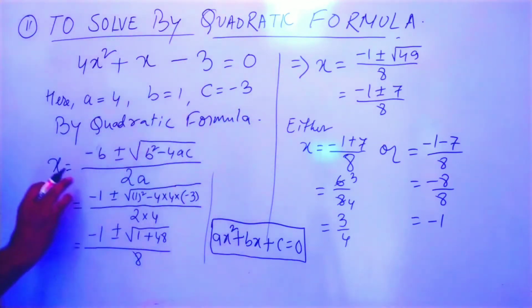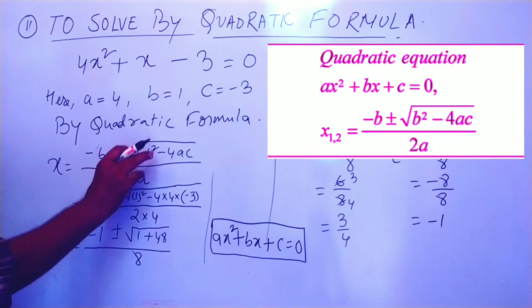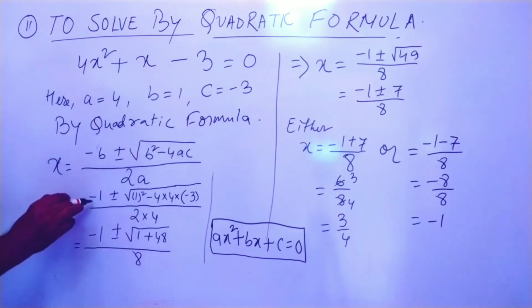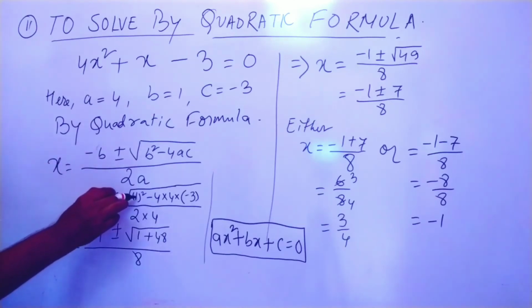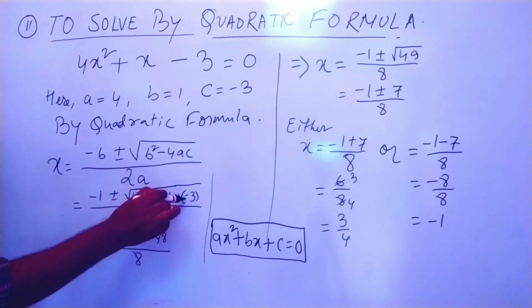By the quadratic formula we have x equal to minus b plus minus root over b square minus 4ac by 2a. We put the value of b as 1, plus minus root over 1 whole square minus 4 into 4 into minus 3.